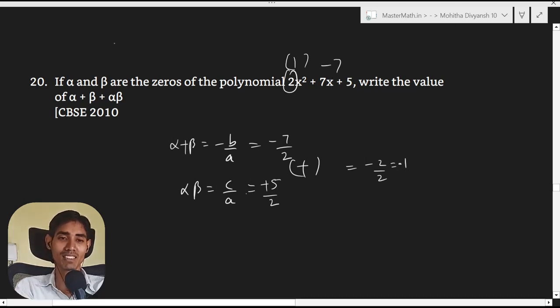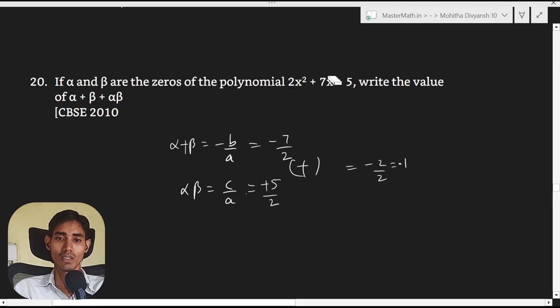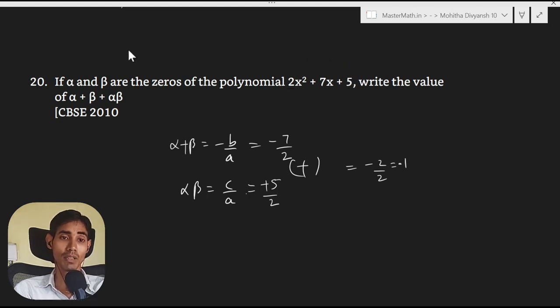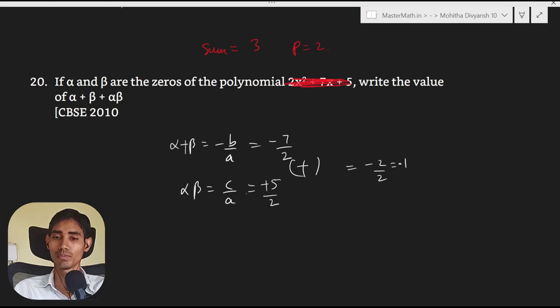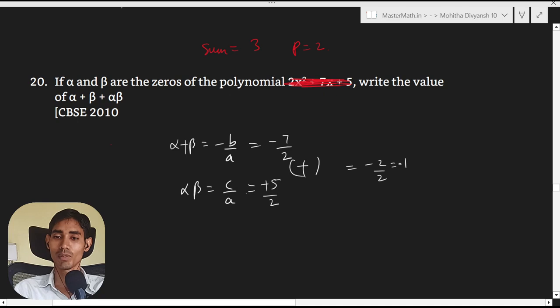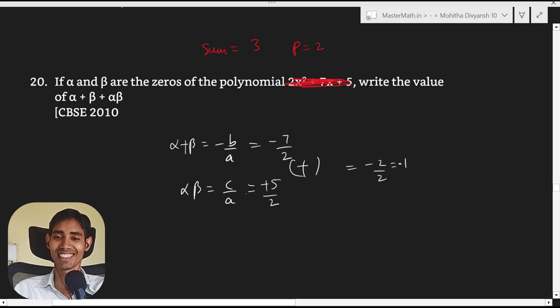Now the important part which might be asked is, suppose you are not given this form, you are only given that the sum is 3 and the product is 2. Then what to do? You might think it becomes way easier, or maybe not.